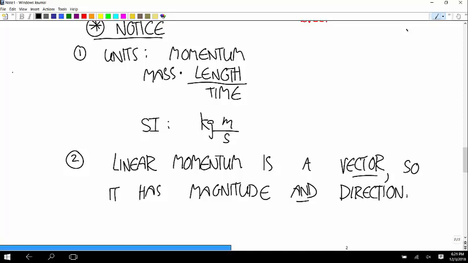When we start talking about energy, no type of energy has a direction. Energy is just a scalar value, it's not a vector. Linear momentum is different. You have linear momentum in this direction or this direction, and those are different things.